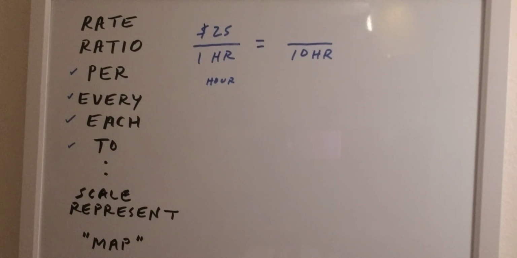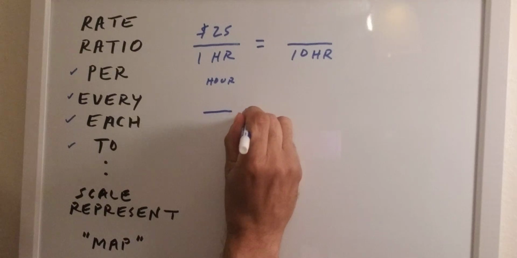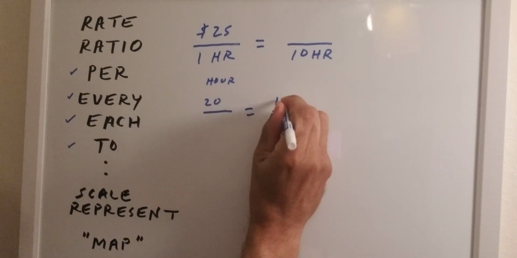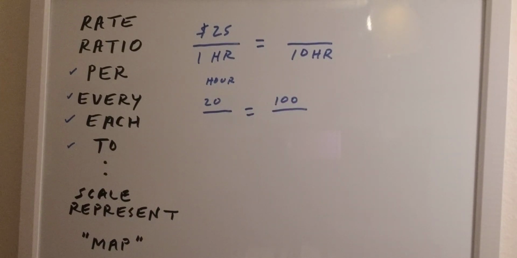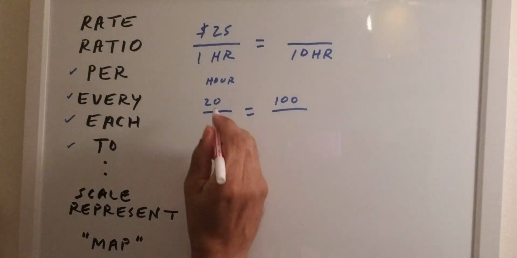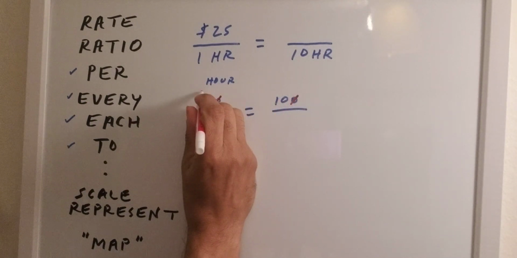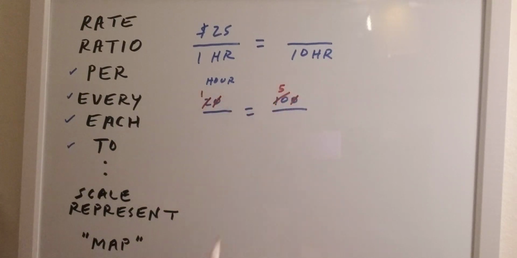Now some help with simplifying your proportion. An example, if you have 20 and 100 in the numerator, you can simplify. Take 0 off, divide 2 by 2, divide 10 by 2, and 20 and 100 become 1 and 5.